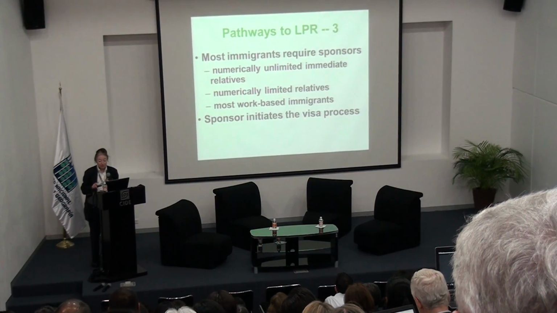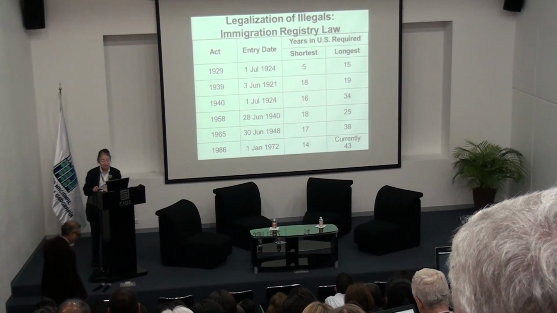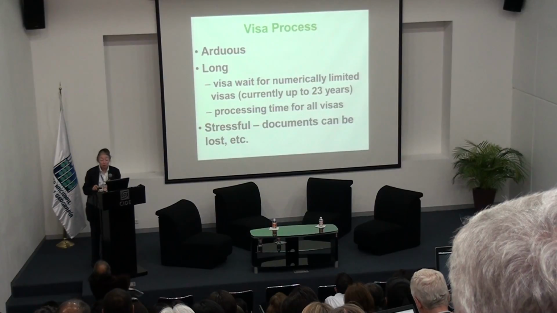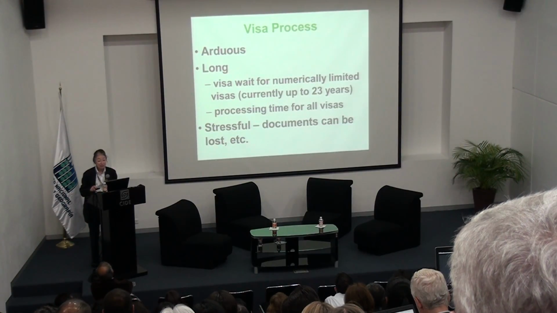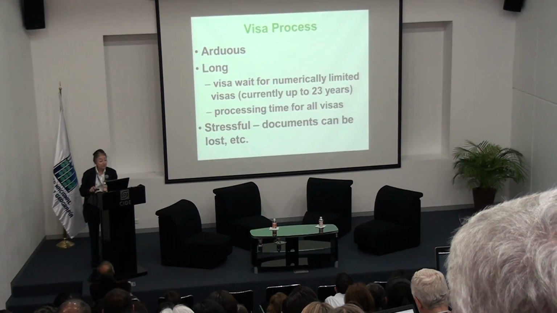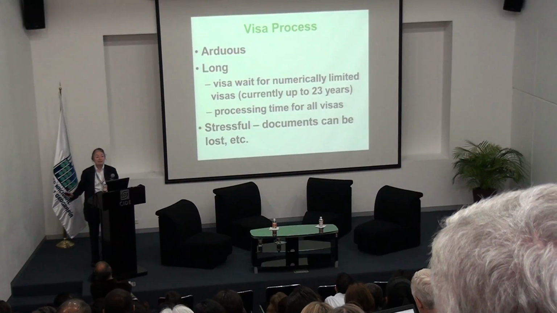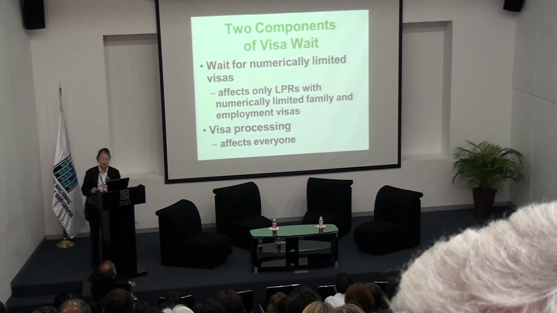So the sponsor initiates the visa process. That visa process is arduous, stressful, can be extremely long, up to 23 years. And we don't have time unless you ask me, when does it ever go to 23 years? But I can certainly tell you.